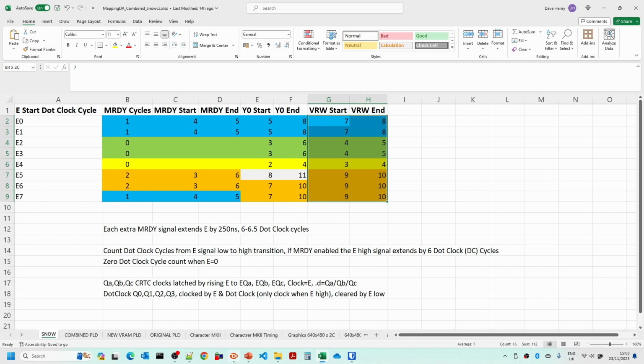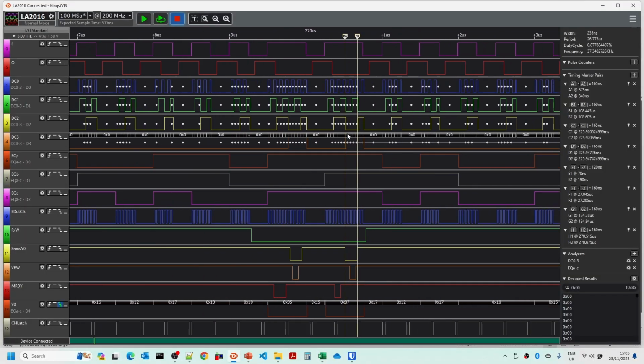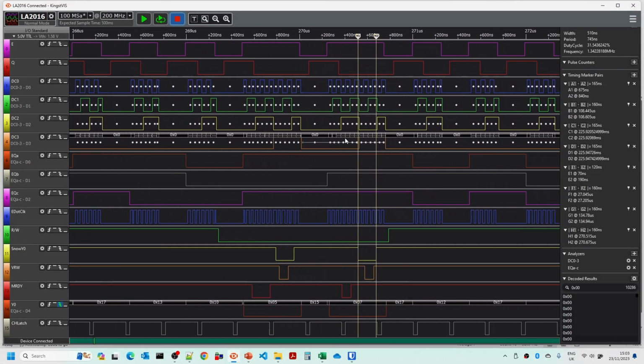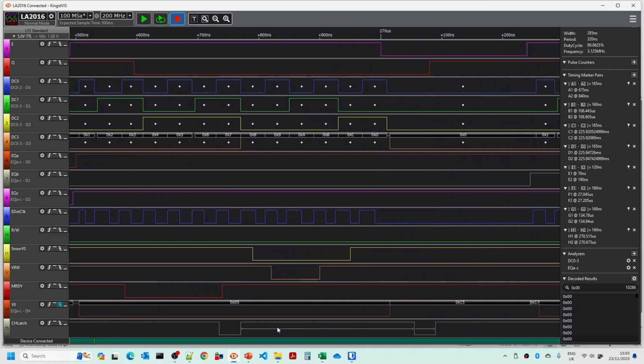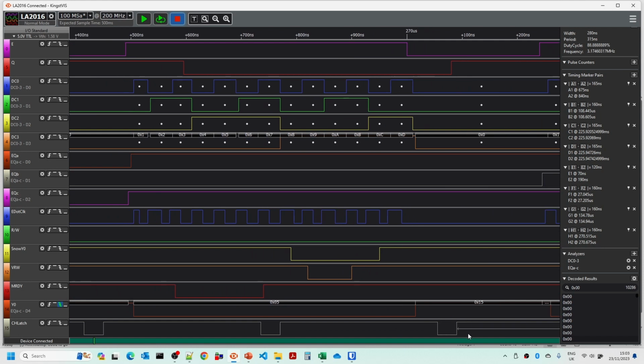So what that means is, with the timing signals that we've got coming through here, we now should be in a situation that when the CPU accesses the video RAM, then the Y0 signal goes low on the main address decoder, and then we further process that so that this Y0 signal fits within the character latching points here, and then it also creates the video read-write signal to also fit within here.